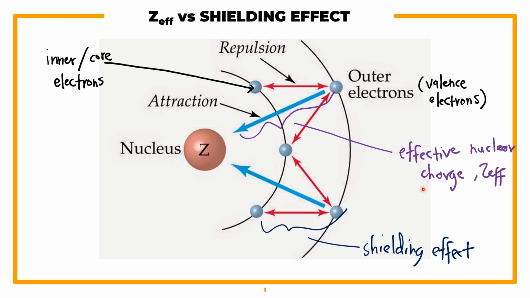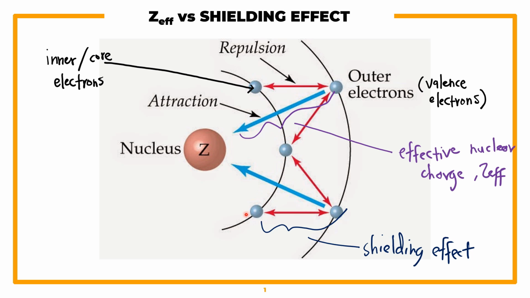So, since effective nuclear charge Zeff adalah berkenaan tentang tarikan di antara nucleus dan valence electron, we can say that the greater the value of Zeff, lagi kuatlah valence electron ini akan tertarik ke arah nucleus, dan ini akan menyebabkan size of the atom will be smaller or decreases. Berbeza dengan shielding effect disebabkan oleh inner electrons.